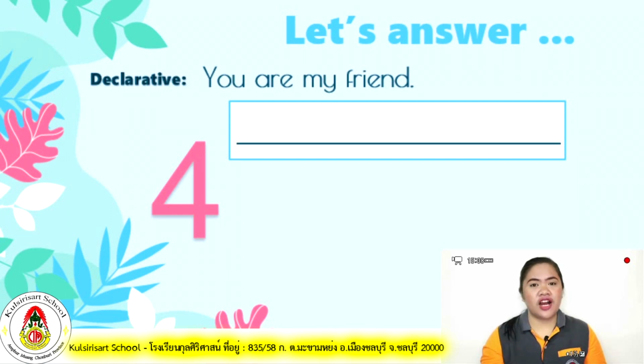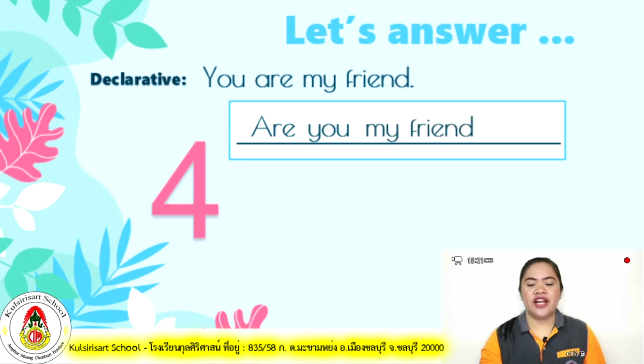Okay, it should start with are, and then the you, and then, very good. Don't forget to put the punctuation. Again, what do you call the punctuation when you talk about question? Okay, question mark.